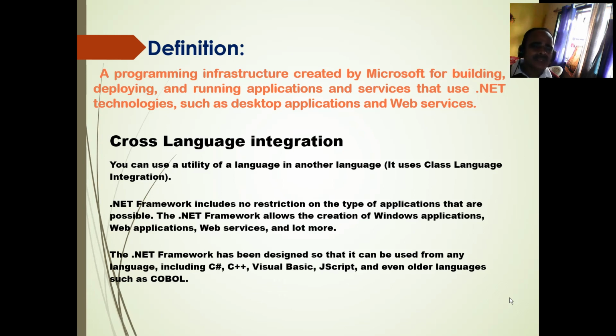Every program requires some infrastructure, and I am talking about the programming infrastructure. The .NET is a programming infrastructure. Just like we say that software is part of engineering, and engineering is nothing but a discipline. When any engineer wants to construct any product, every engineer mainly focuses on infrastructure.